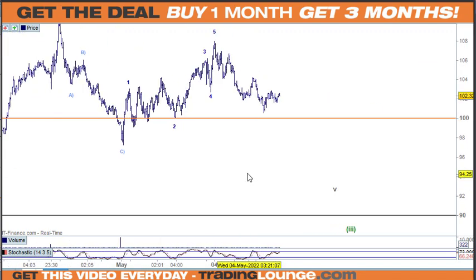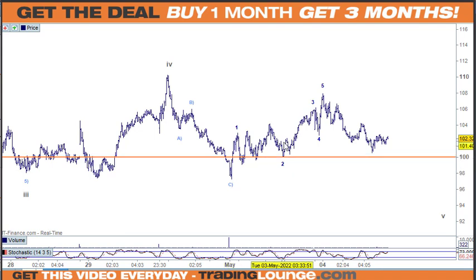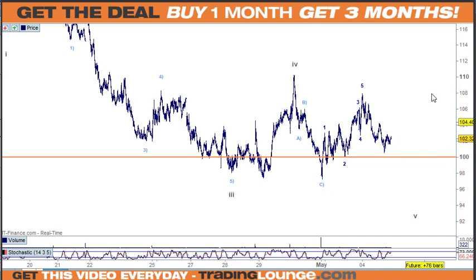And anyway, I was just looking at this here. We can count this move up here as 5 waves, as 1 here, an A wave, a B wave and a C wave for wave 2, and then 3 and 4 and 5. Yes, it does overlap and all of those sorts of things, but I'm not quite sure about this just yet.